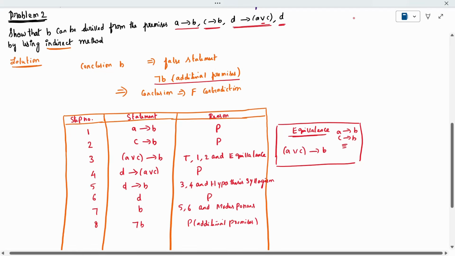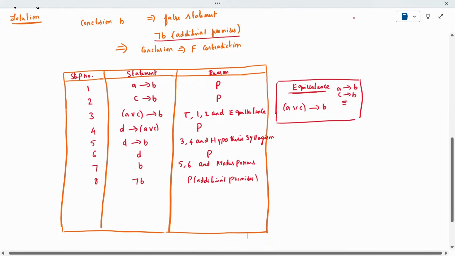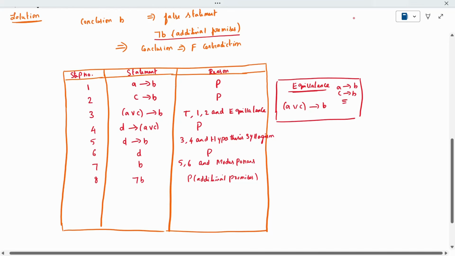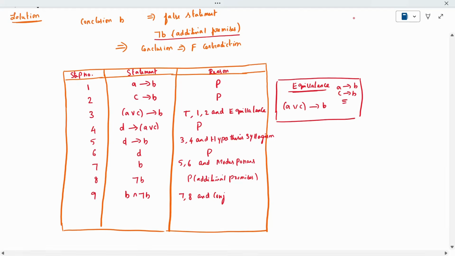So introduced. Okay, now you check which step I did not use. The 7th and 8th still I did not use. I can combine and write it as the conjunction rule. B conjunction negation B. By 7th and 8th step, it is named conjunction, combining. It's called the conjunction rule.